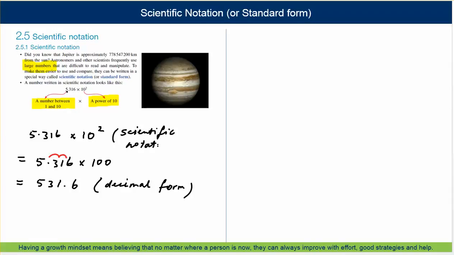So let's look at an example where we convert to scientific notation. They tell you up here that Jupiter is approximately a distance of 778,547,200 kilometers from the Sun.